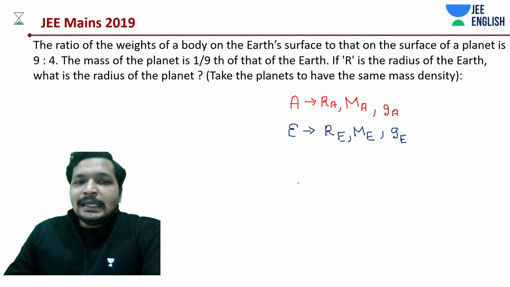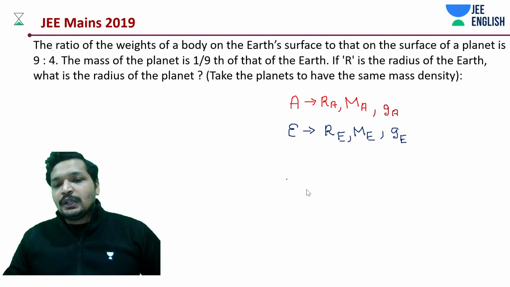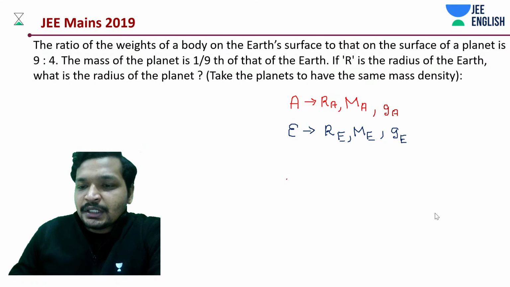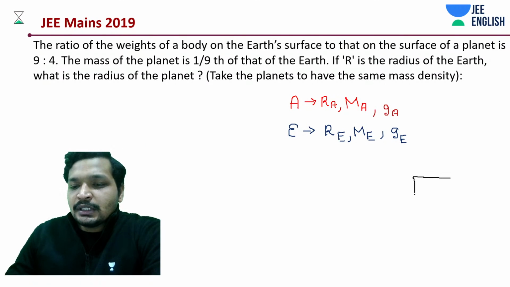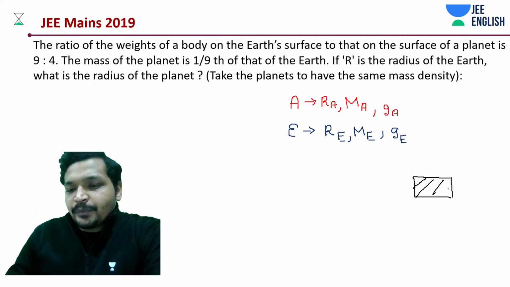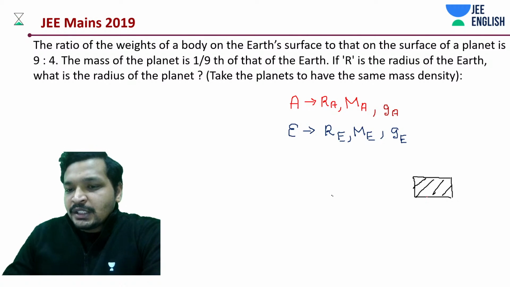So what do we know? Weight is nothing but, so you have a body. Let's think about it. It's a very interesting question. Let's not keep it just a PYQ session, but an interesting session where you understand the concept. You're trying to measure the weight at two different locations. Once you measure on planet A, you find weight WA.